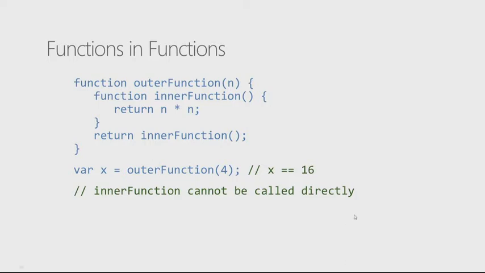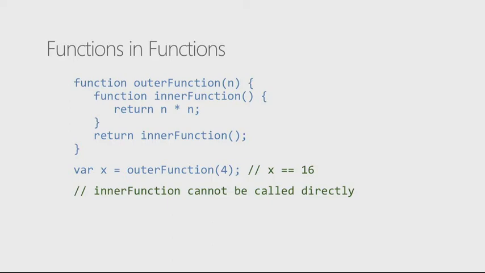Now, once we have that value of n, notice that the inner function, which takes no arguments, can return n times n, and that would seem to make sense because n is being passed into the outer function. That means it's scoped to everything within that function, even functions defined within that function. Sounds complicated, but it will actually work. It'll return the value of itself times itself. So we return the inner function as the return value of that outer function.